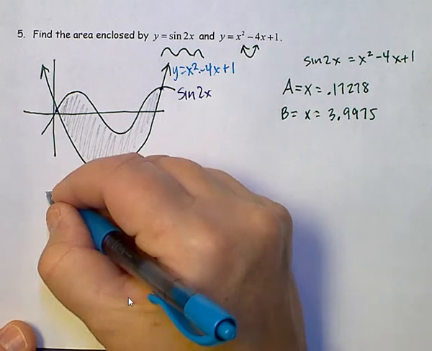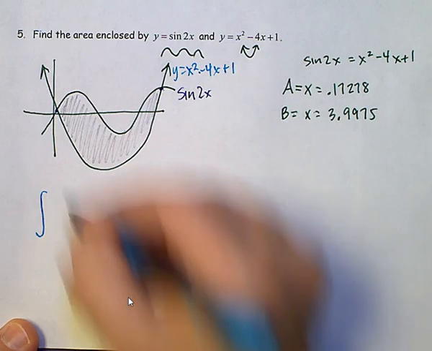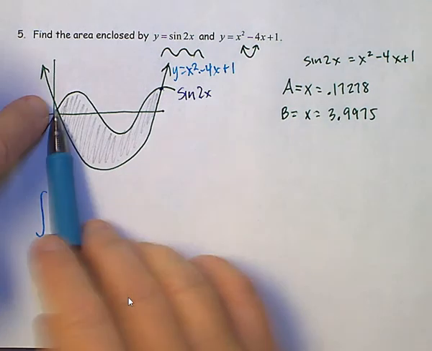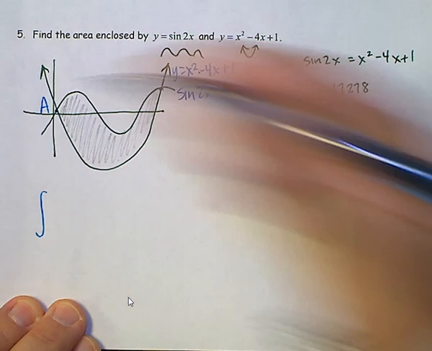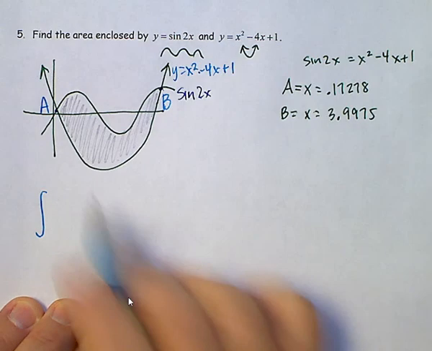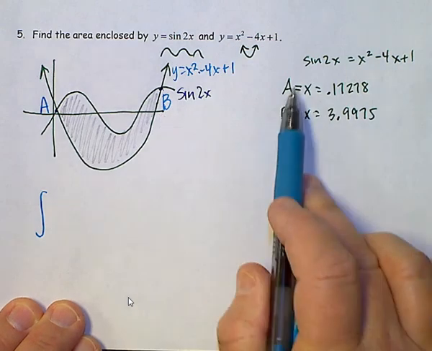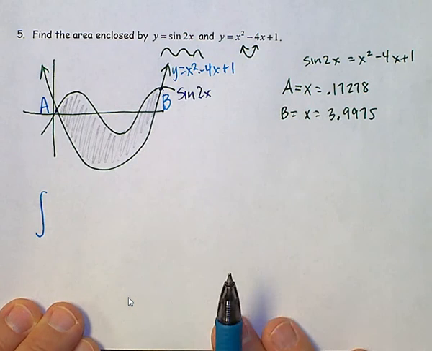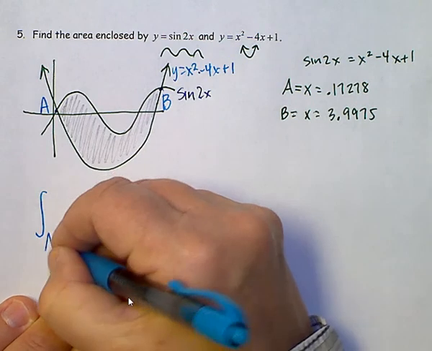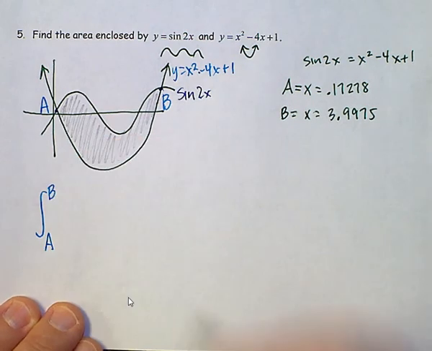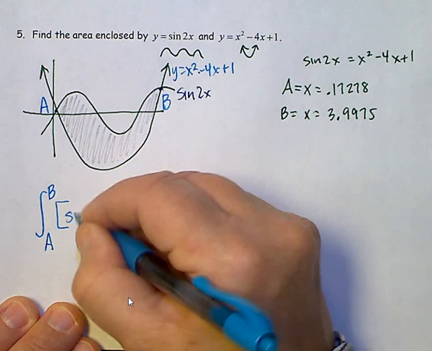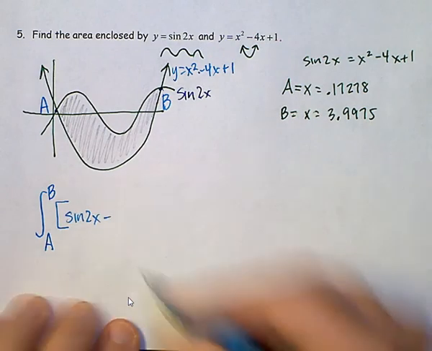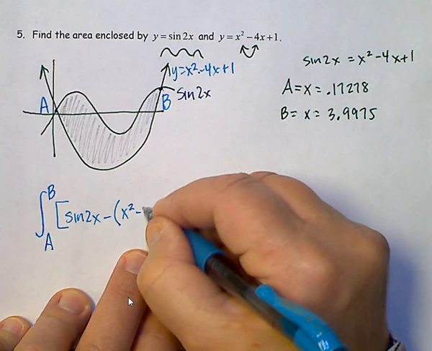So our integral is going to be from here to here, and let's label that. This is A, and that's point B. Another advantage of assigning these values like this is you can just label your graph with that. So we're going from A to B of the top function, which is sine 2x, minus the bottom function, x squared minus 4x plus 1.